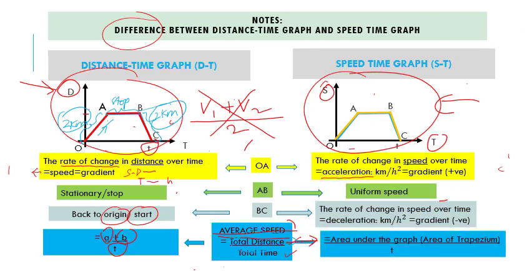So you learn about what? Area under the graph. Yes, area under the graph. So what do you see here? This is a trapezium. So you just find the area of the trapezium.